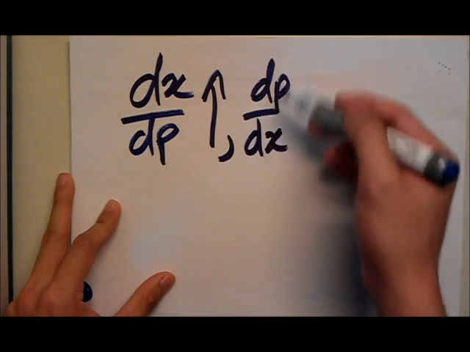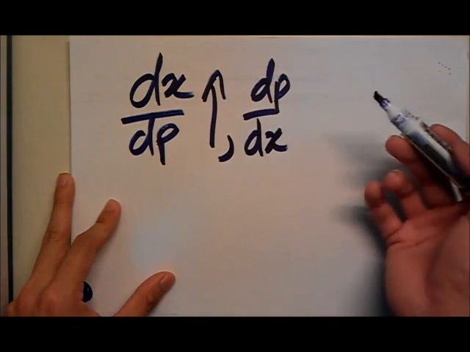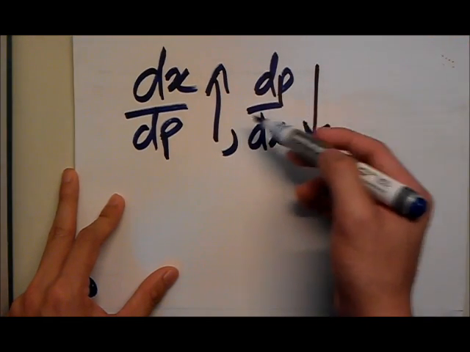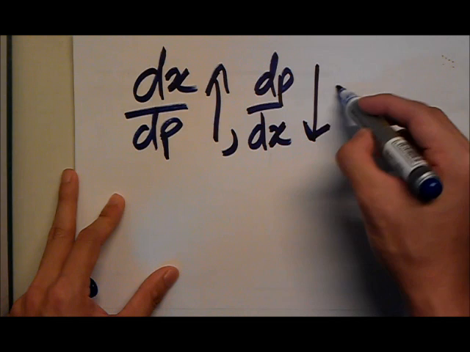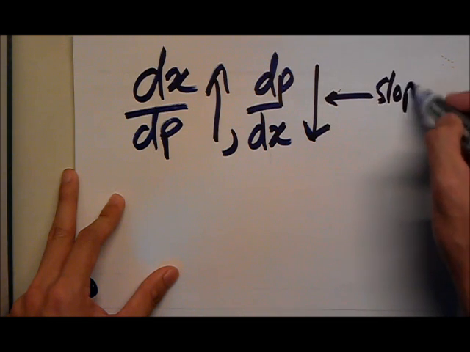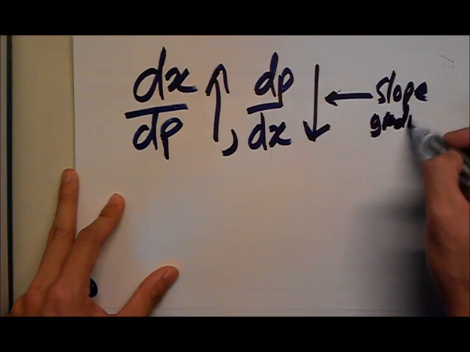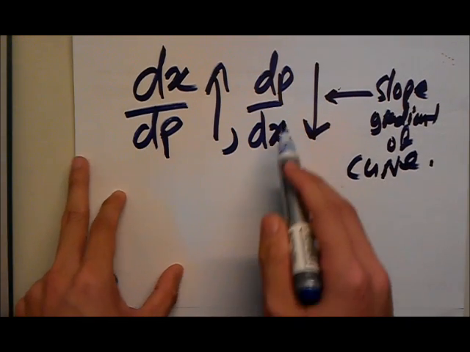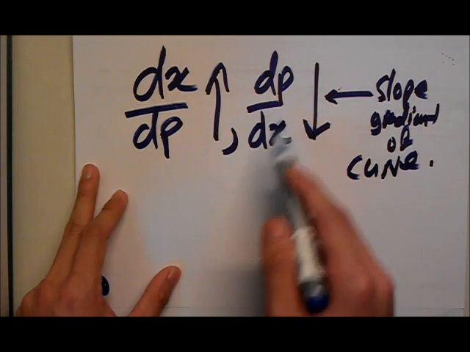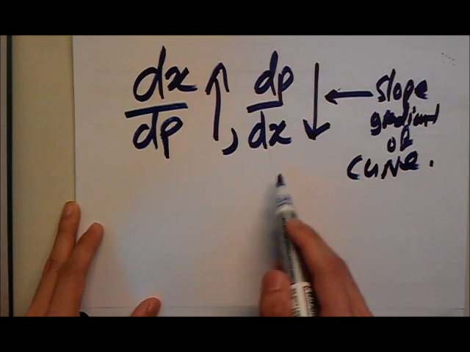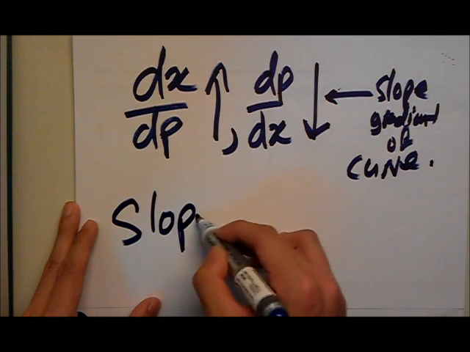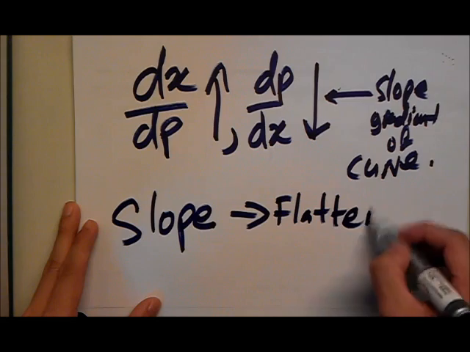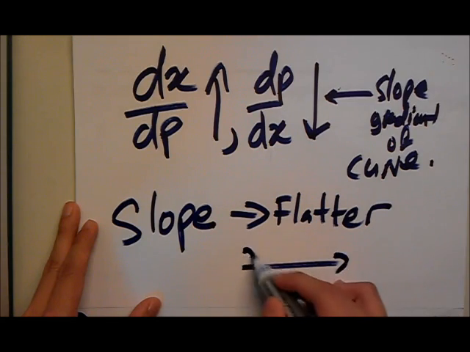Since I flipped it around, the direction of its change has to change as well, so it will be decreasing, and you realize that dp over dx actually gives us the slope or gradient of the curve. Now we know that dp over dx has to be falling, so therefore we have come up with the conclusion that the slope must become flatter as we move along the x-axis.